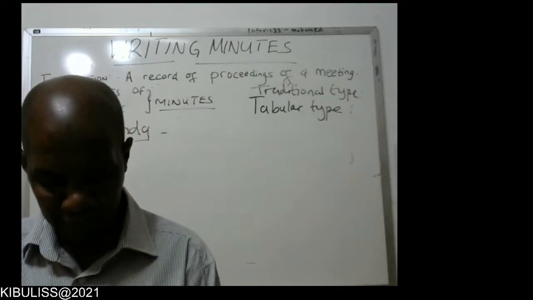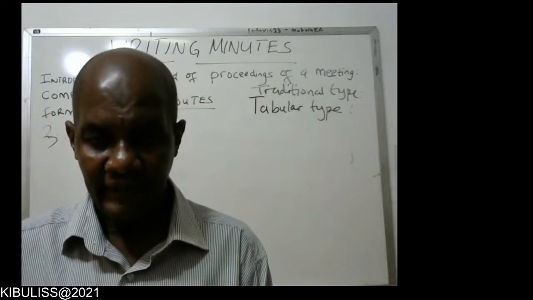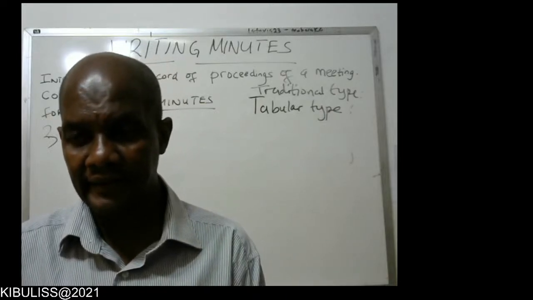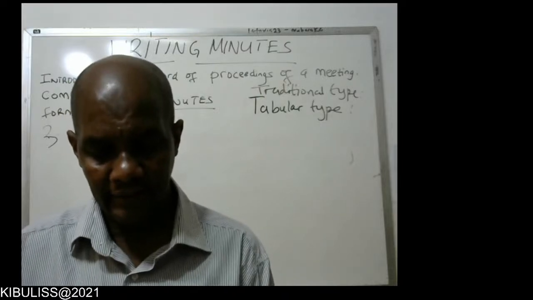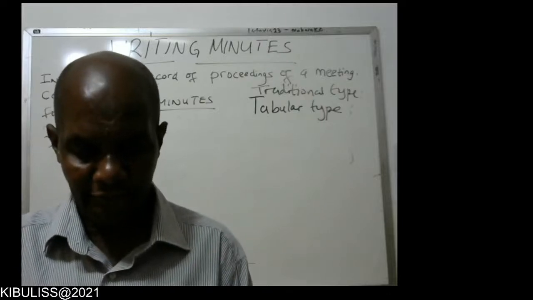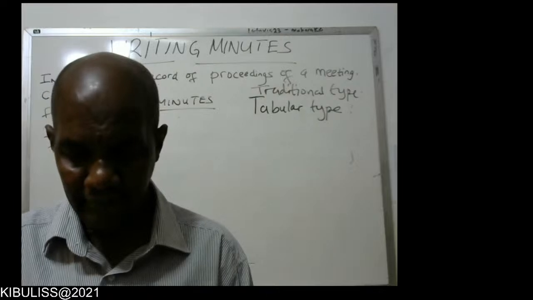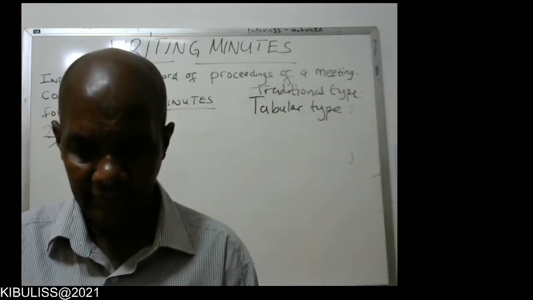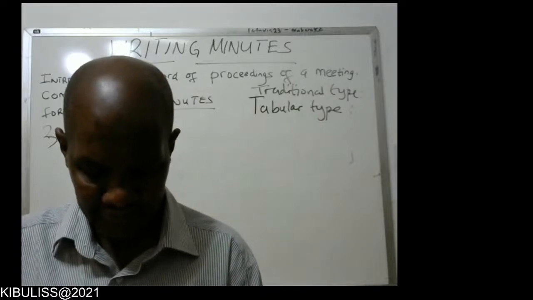Lastly, as part of the format, we have the signatories. Here, the secretary and the chairperson in that order will have to sign these minutes after members have approved them, that they are a true record of what had been discussed.